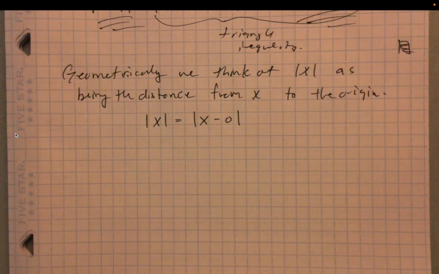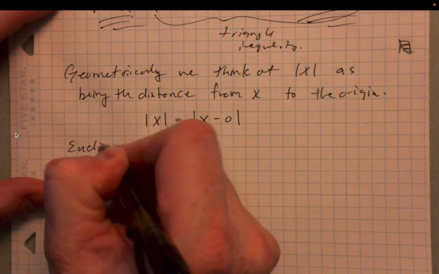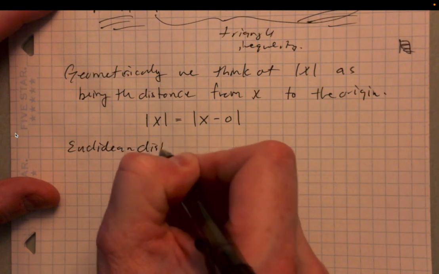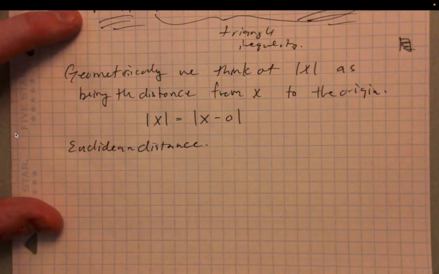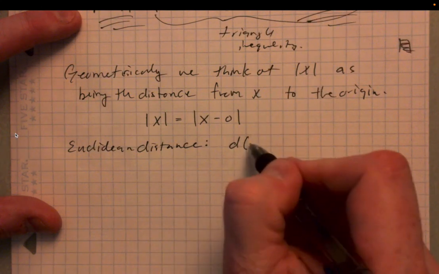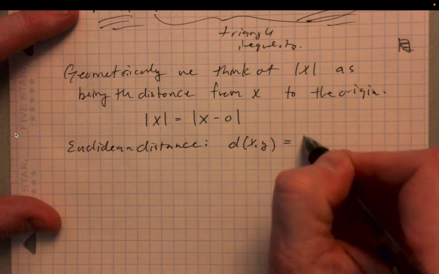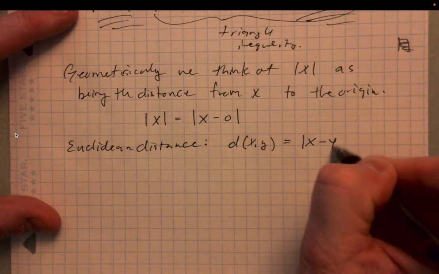Now, more generally, we can think of the absolute value as being kind of equivalent to the Euclidean distance. Right, the Euclidean distance. We'll use the notation d(x, y), but what we mean there is really just the absolute value of x minus y.